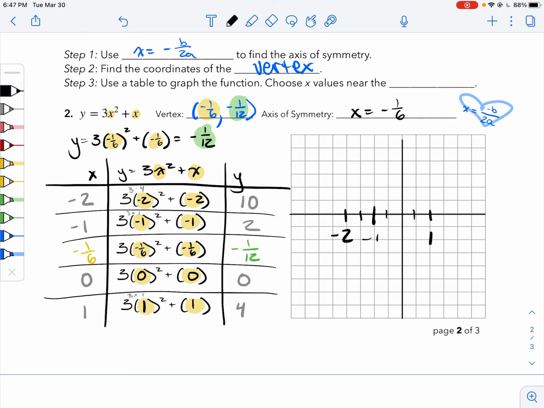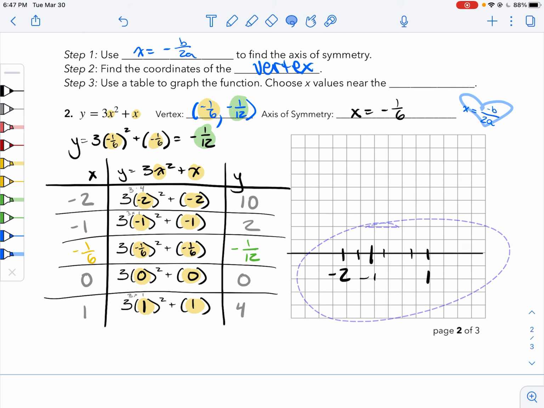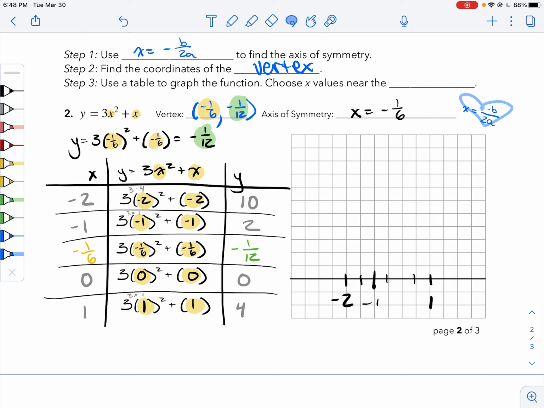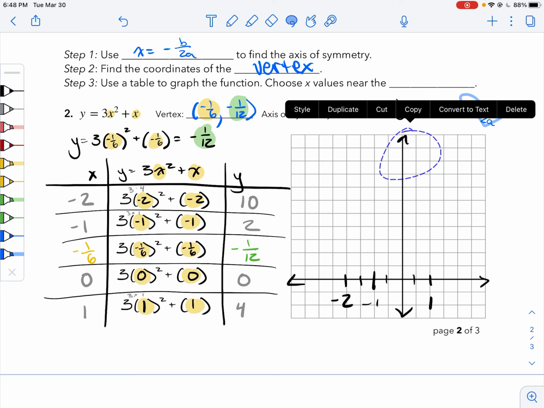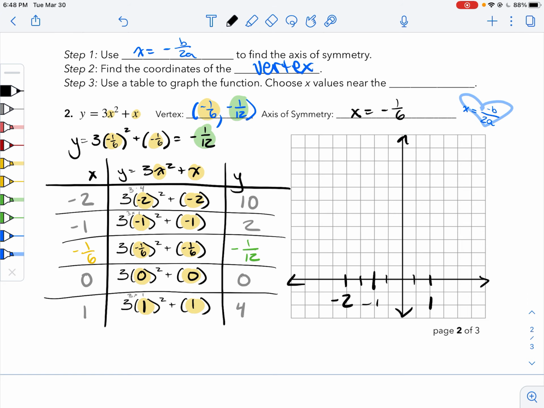On our y's, we only dip down into the negatives just a little bit, but they're mostly positive. So we're actually going to need a lot of space to go up, but not a lot of space to go down. See if I can get this to line up right on my graph. Nice. Okay, we need to go all the way up to 10.